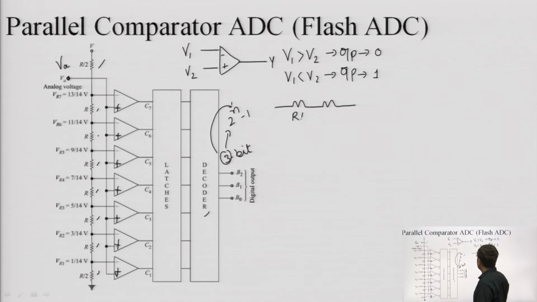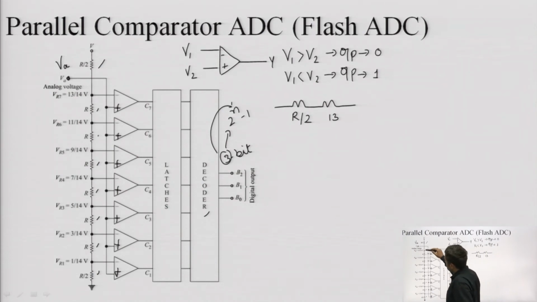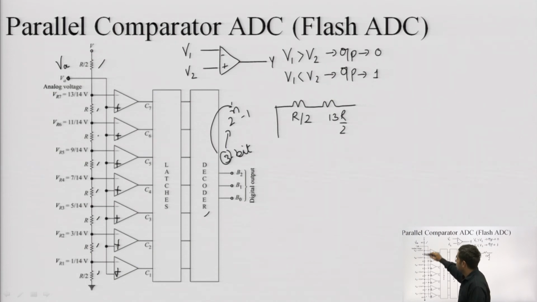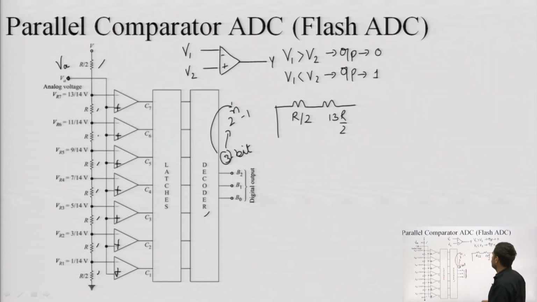This is R/2 and this is 13R/2, since 6R plus 0.5R is 6.5R, that is 13R/2.